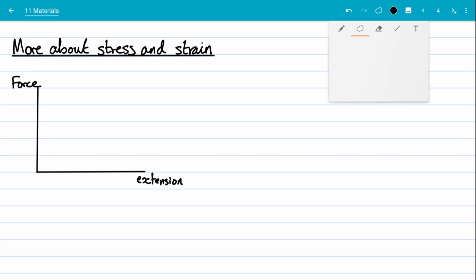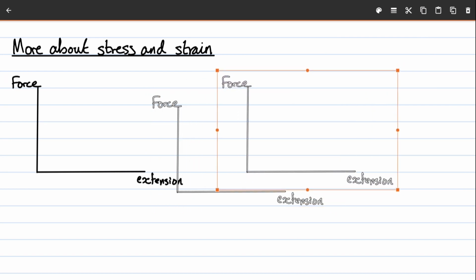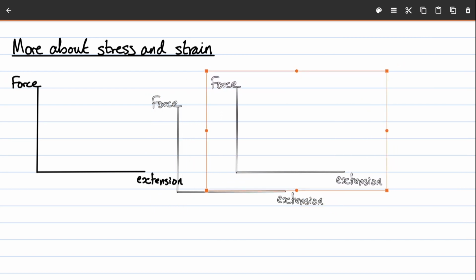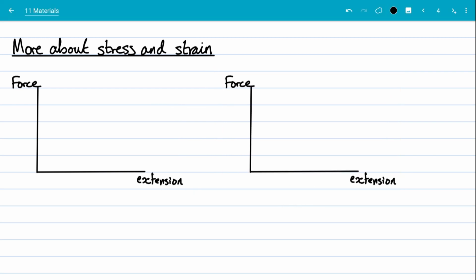So let's just draw some quick graphs, one next to the other. A little bit of space for us to annotate, perhaps. There we go. And the graphs will be very similar, of course. They will be similar because if they're describing the same material, the only difference between them is components related to geometry.